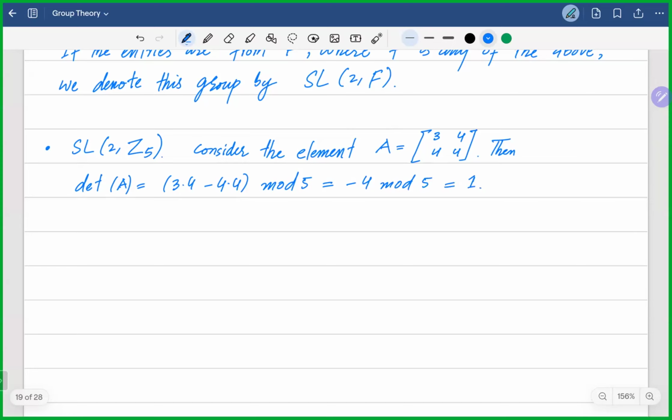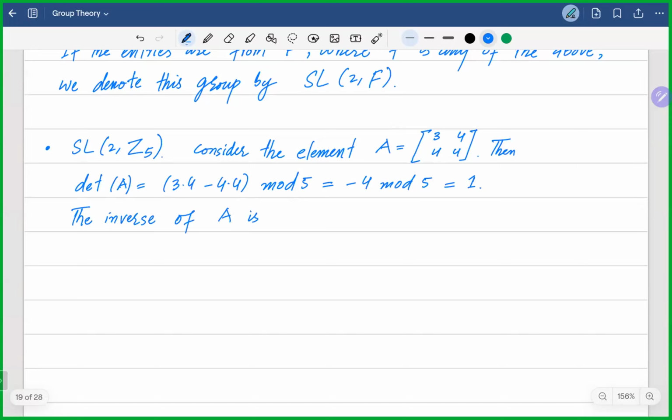Okay, and the inverse of A is what? So you'll shuffle the main diagonals and just write the minus 1 divided by the determinant.